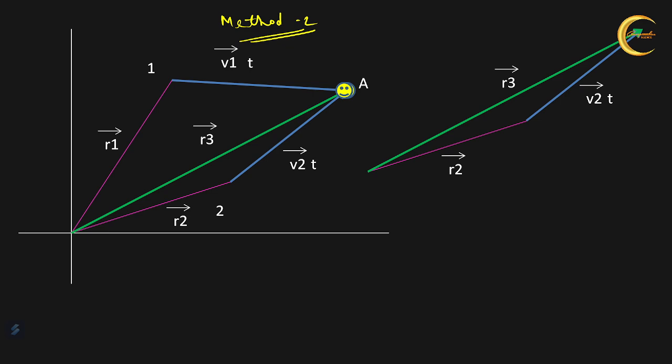Now suppose these two points are moving, but if we take the relative velocity of point 2 with respect to 1, then we think point 1 is fixed and point 2 is moving in this direction.